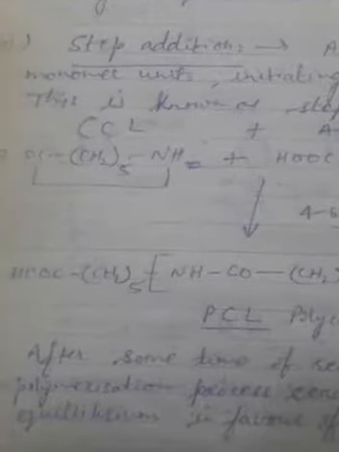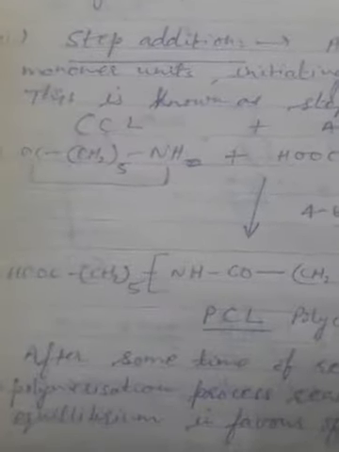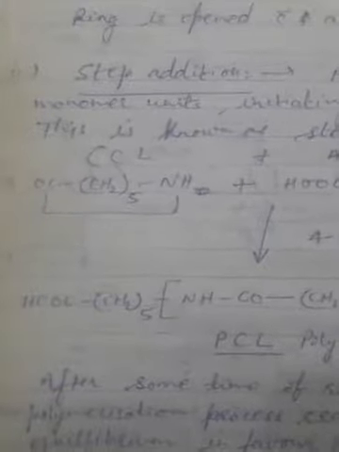Now the next reaction is the step addition. Means first the hydrolysis step, second is the step addition step, in which this aminocaproic acid adds further monomer units and initiates the polymerization.